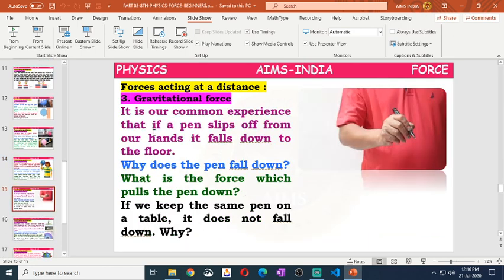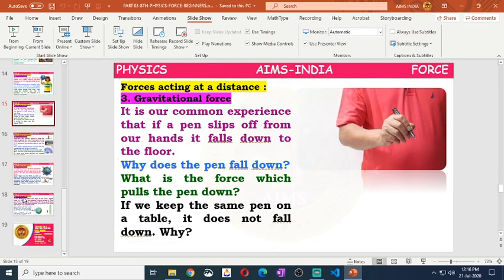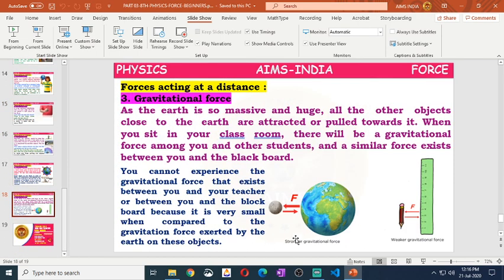But gravitational force between two masses is always attractive. The attractive force will be very weak between small masses and stronger between huge masses. That's why we cannot observe weak gravitational force, but we can observe strong gravitational force.